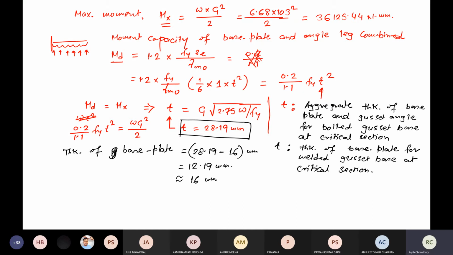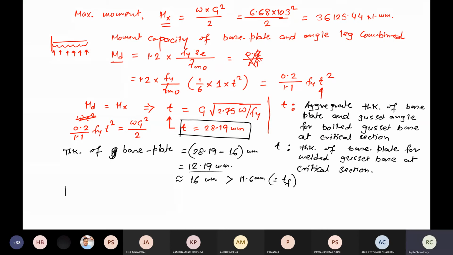So which is greater than 11.6 mm. What is this 11.6 mm? 11.6 mm is the thickness of the flange. Okay, so it is being satisfied, even in the actual case also it is being satisfied, right?